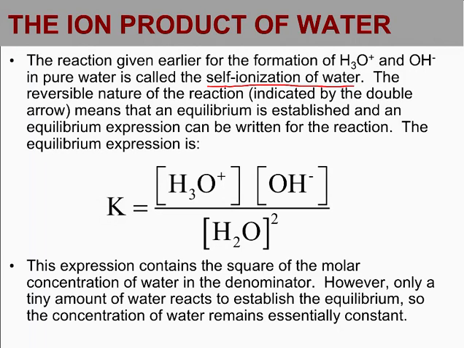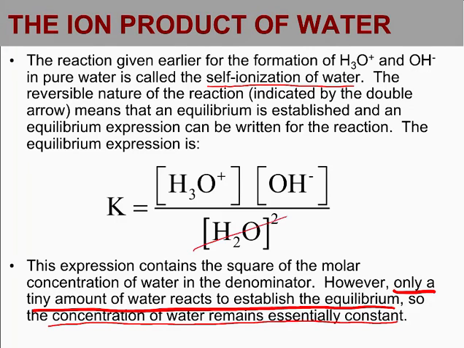Now, in the denominator, we have the concentration of water squared. However, only a small amount of water reacts to establish equilibrium. So that means that the concentration of water remains essentially constant. So we can actually ignore the denominator, and this is true for any equilibrium expression.